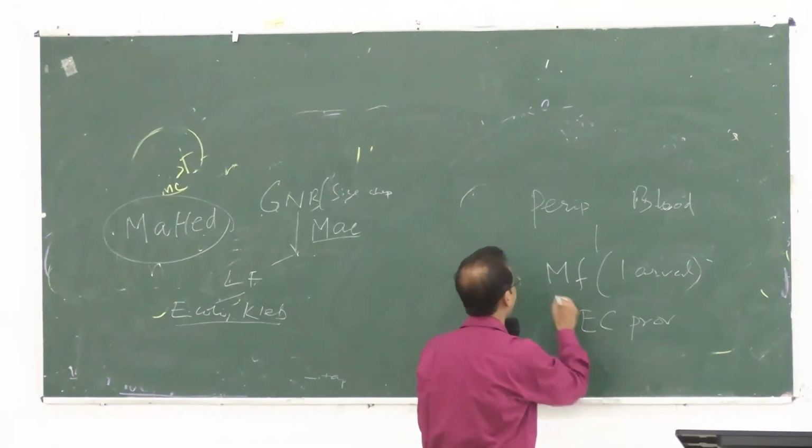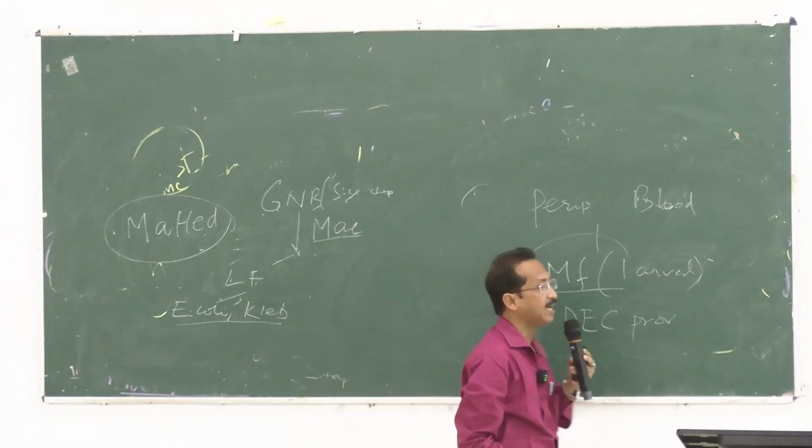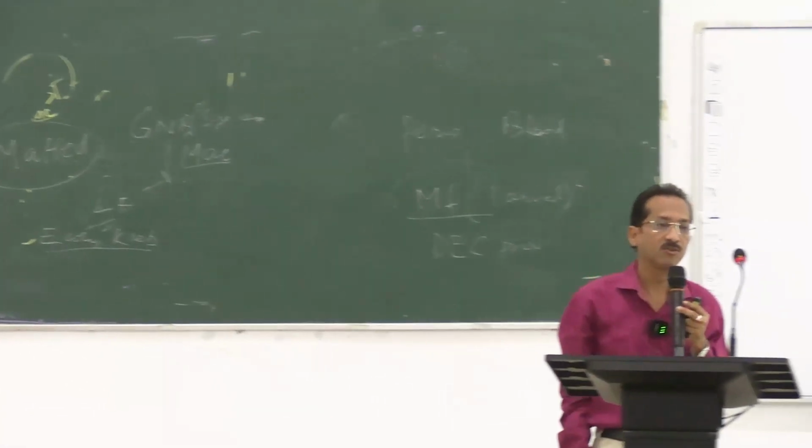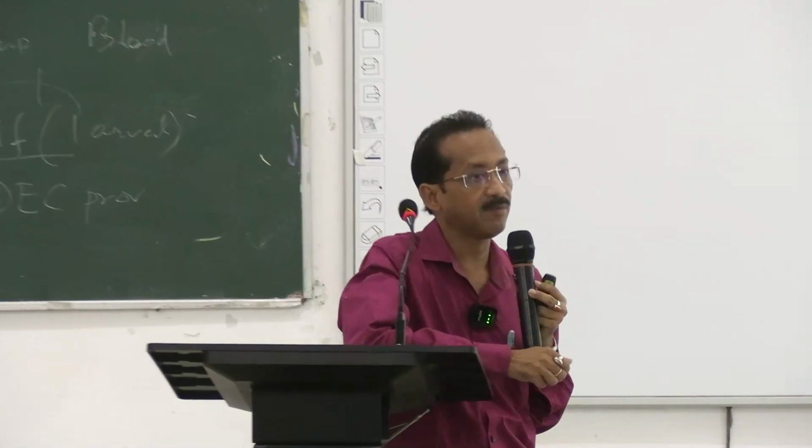Other than this, you can use a special method, the Knott's method, to hemolyse the RBCs so that microfilariae can be seen clearly. Remember, microfilariae of Wuchereria bancrofti and Brugia malayi are the two common ones found in our area, and the microfilaria is the larval form.